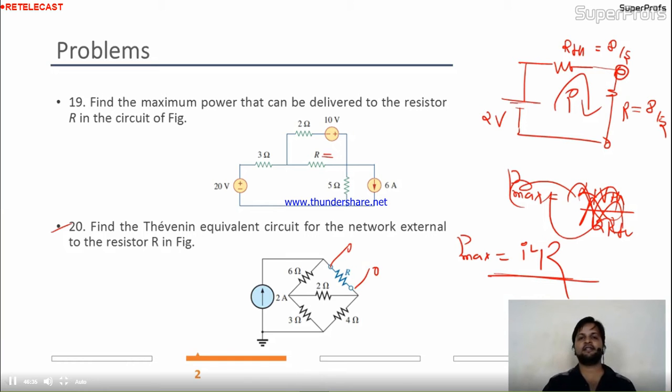So friends, in this entire chapter, we have discussed maximum power theorem, superposition theorem, Thevenin theorem, source transformation, and Millman's theorem. Apart from this, we have solved some problems also based on GATE level problems.